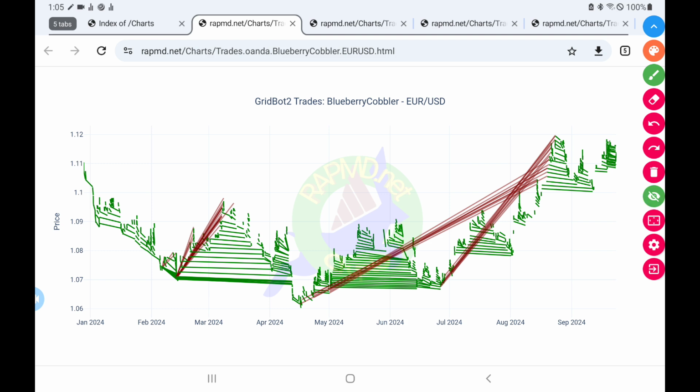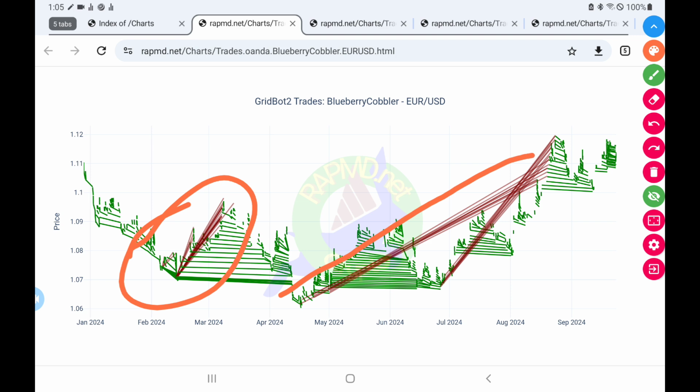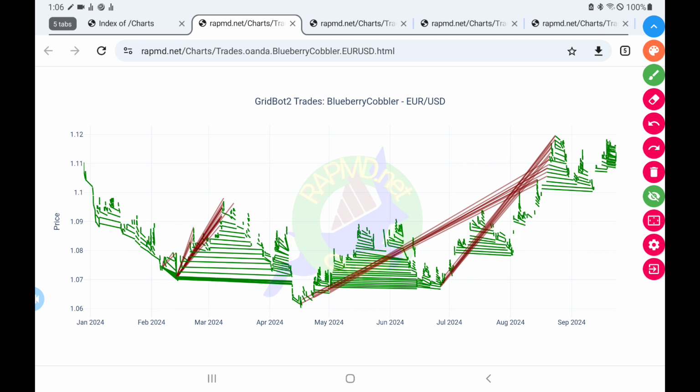As we look at these charts and we look at the various locations stop losses actually took place, we can see the impact of the stop losses within the floating grid technique. And that really is something to be aware of. As you decide your technique, these losses are harsh.